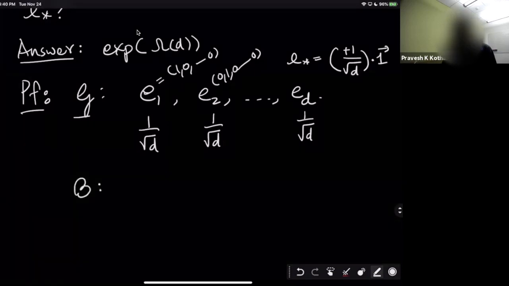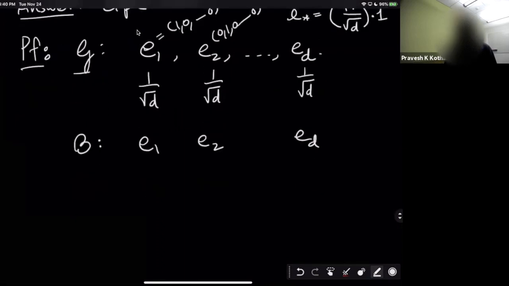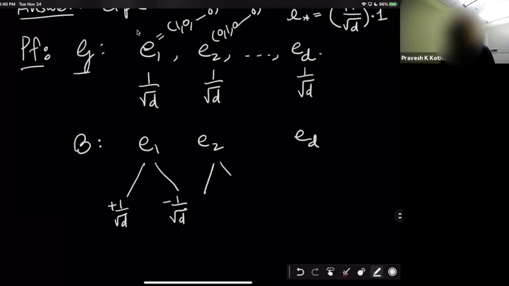My bad set is also going to contain an equal number of e1, e2, ..., e_D for the x's. And for each e1, half the times I would label it plus 1 over root D, and half the times I will have minus 1 over root D, for each of these.